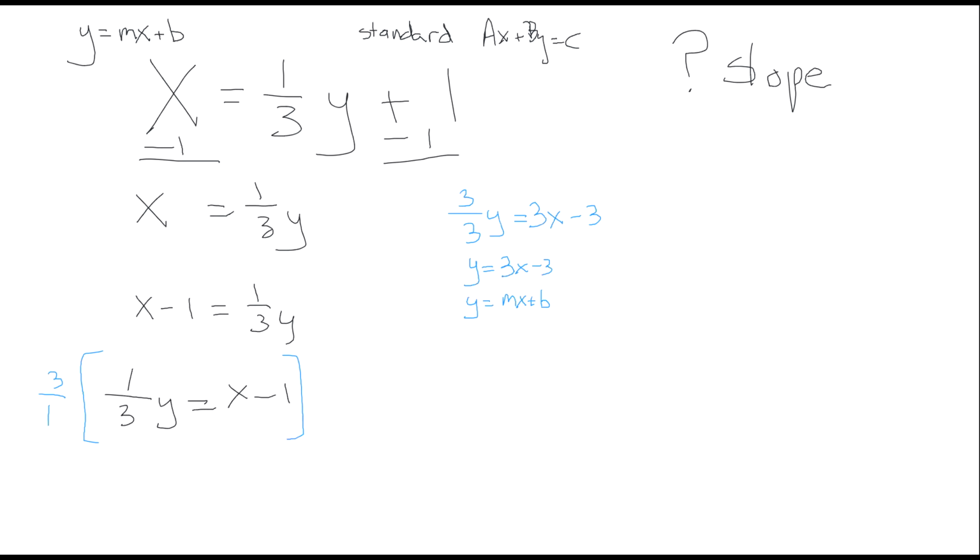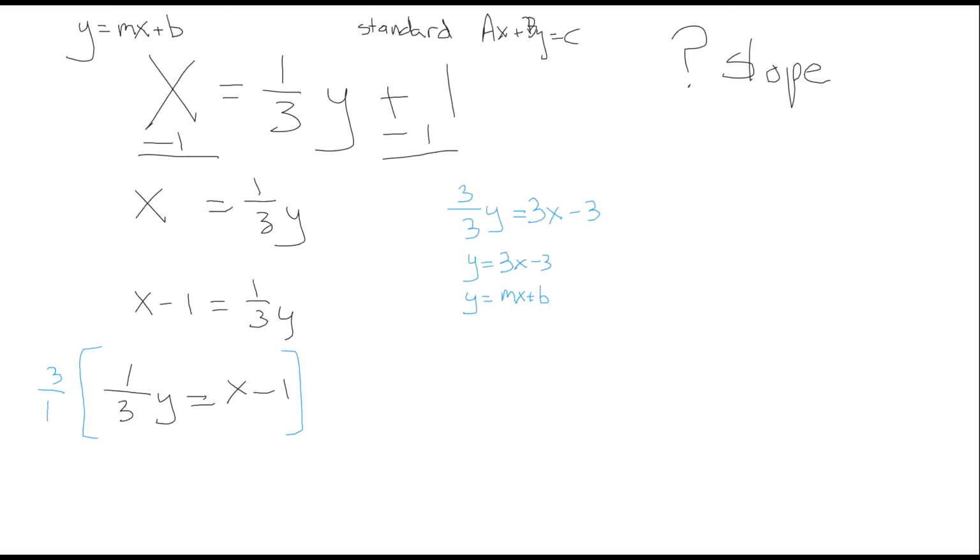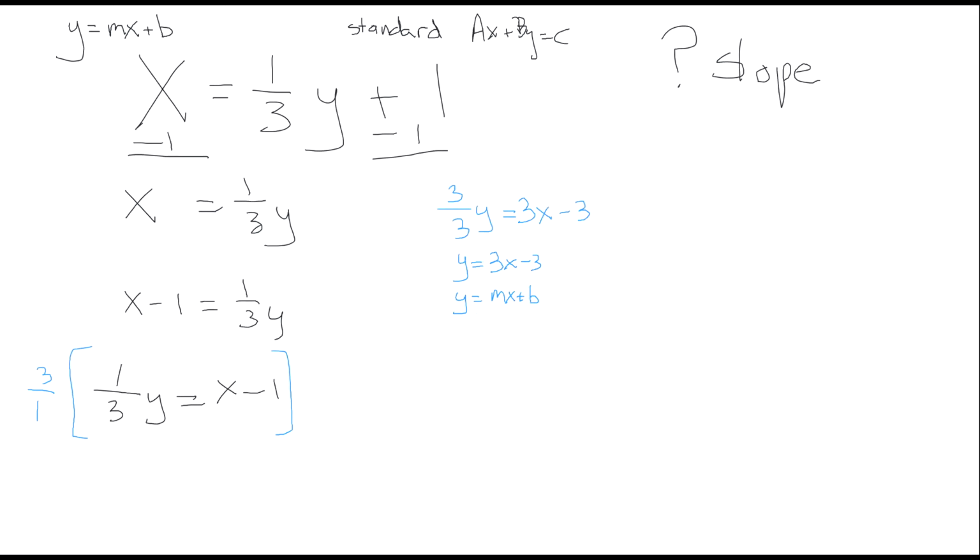The slope is 3. The slope is 3 because m is my slope. So my slope is 3. And if I were to graph this, my y-intercept, the point where my line crosses over the y-axis, would be at what point? Let's see.